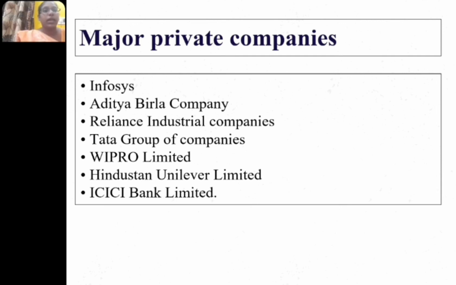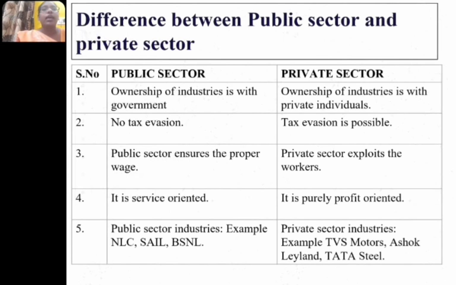Next we are going to see the difference between public sectors and private sectors. In public sectors, ownership of industry is with the government. In private sectors, ownership of industry is with private individuals.